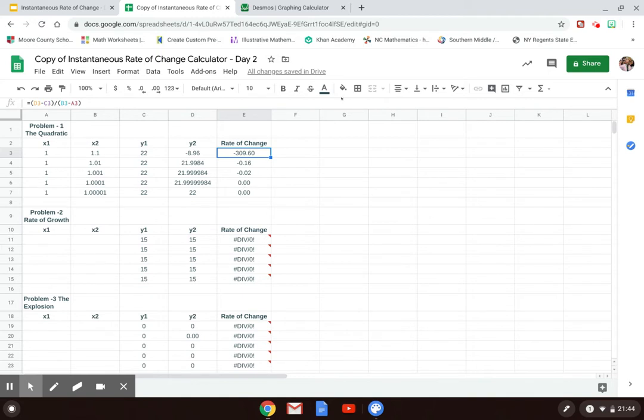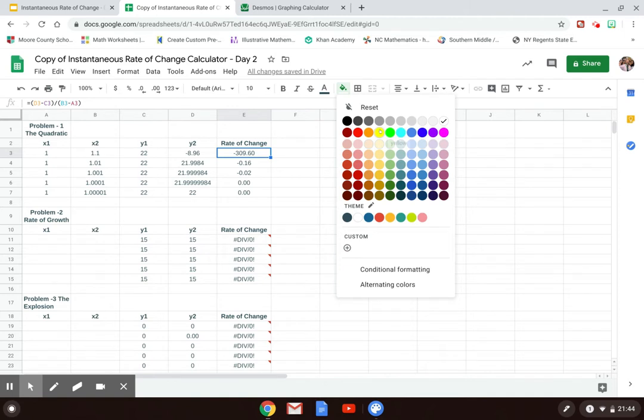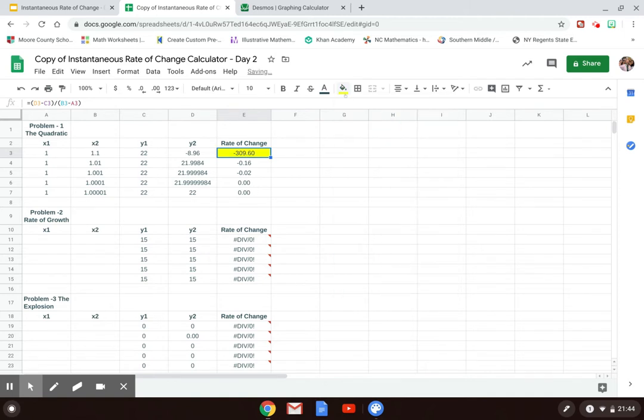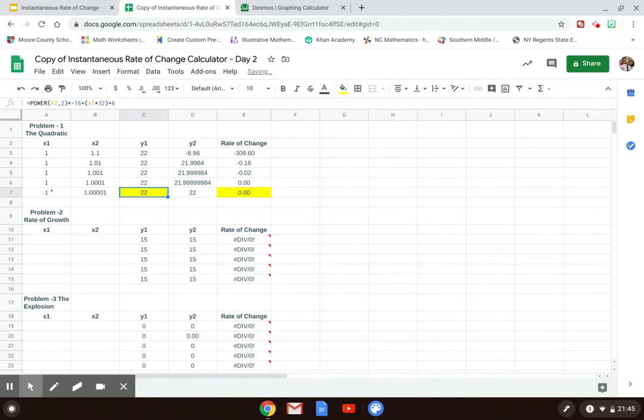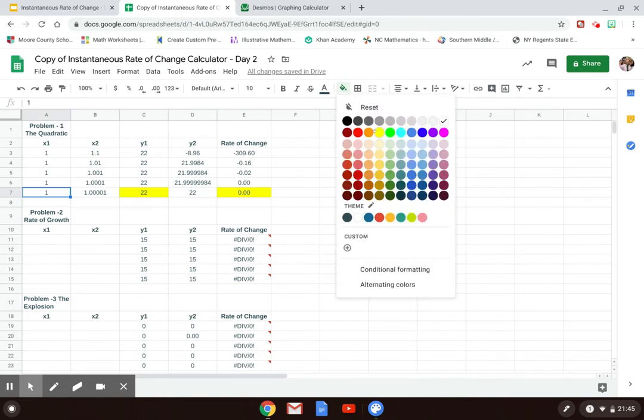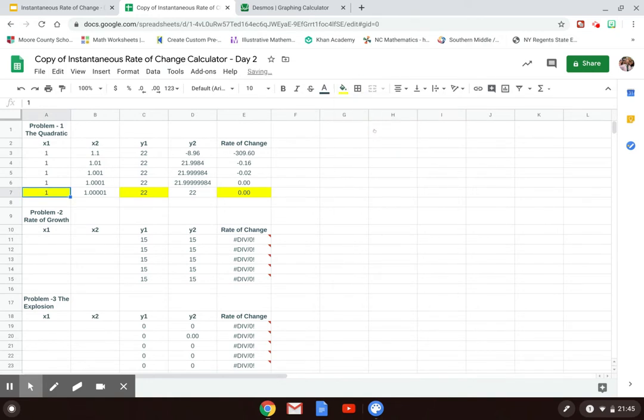Just like on Friday, what you're going to use for your point slope formula is your rate of change, and then your last y1 that you have here and your last x1 that you have here. That's what we're going to use to write the equation of the tangent line and then graph that tangent line along with the function.